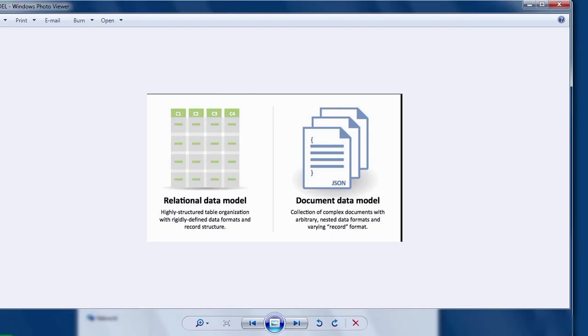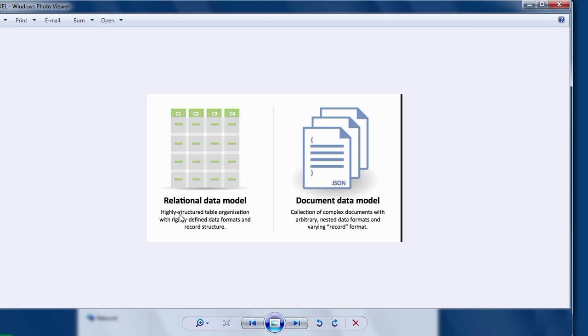This is just a quick illustration of the data models for the relational database and the NoSQL database. The NoSQL database largely has the document data model, while the traditional one has a relational data model. This model is non-relational, while this one is relational.